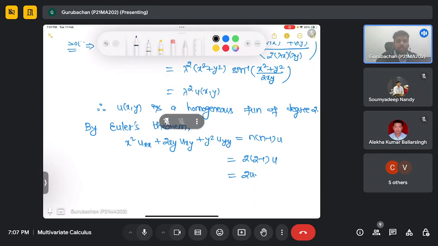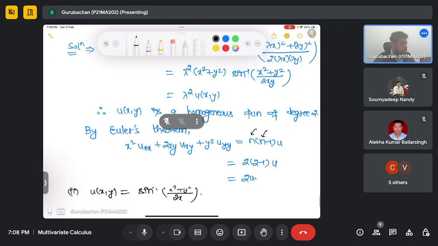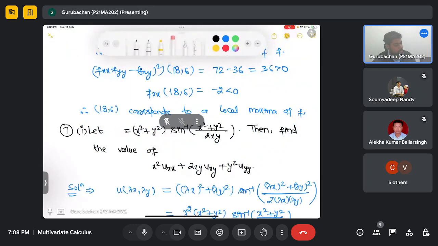As I asked before, what if it has degree 3? Here we will put the value 3 and we will get 6u as the answer. So let me change the function a little like this. If we take sine u as x square y square over 2x, how will the value of the same expression change?